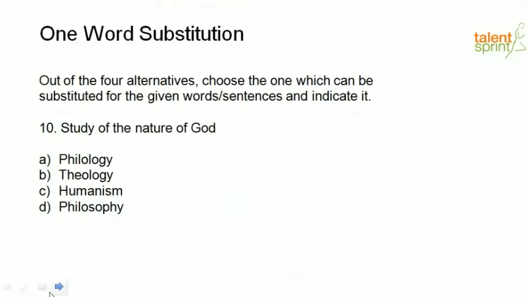Humanism, again, something to do with human values, focusing on humans and their values, what they are capable of, what is their worth. That's humanism. Theology, again, if you're familiar with the Greek root word, theos, right? This is a Greek root word which means God, right? So if you're familiar with this root word, you can just close your eyes and select option B, study of the nature of God.